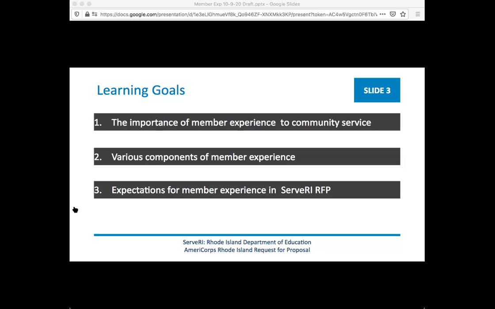So the first part of the presentation will really be talking about 1 and 2 blended together, because member experience touches every part of your program. And so I want to give you that broad overview that impacts your program development, and then we'll get down to the nuts and bolts about what's expected in the actual application.